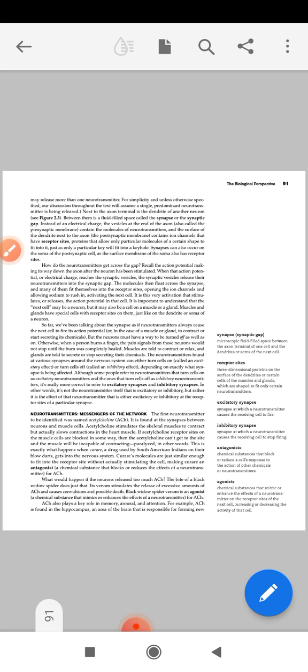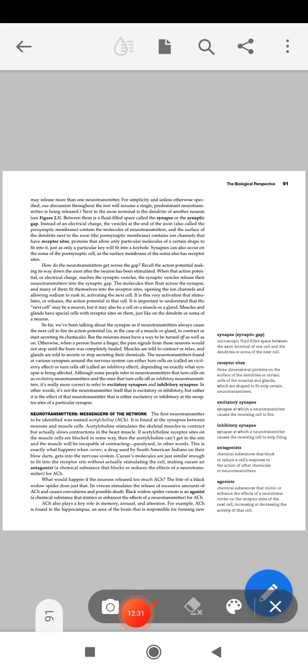What happens to acetylcholine, shown as ACh for short? If acetylcholine receptor sites on the muscle cells are blocked in some way, then the acetylcholine can't get to the site and the muscles will be incapable of contracting. It means you cannot contract your muscles if acetylcholine is blocked in any way, or they may be paralyzed.